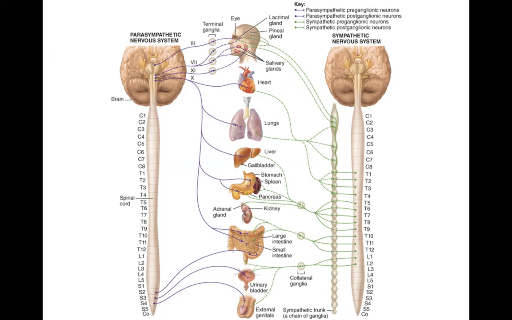On the left side of the page, you can see the parasympathetic nervous system, which we can also describe as the craniosacral division. It utilizes four cranial nerves, so there's the cranio, and then the sacral region of the spinal cord. That's where that term comes from. And as we can see, there is no chain associated with the parasympathetic nervous system.